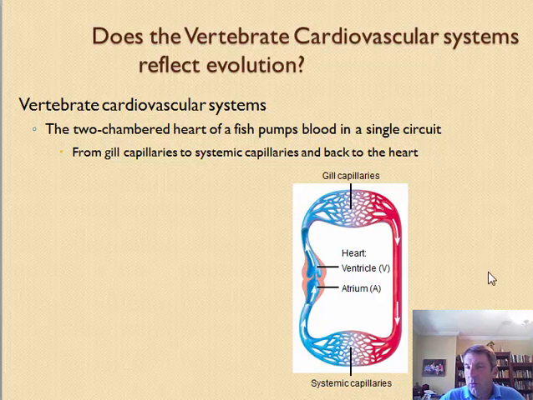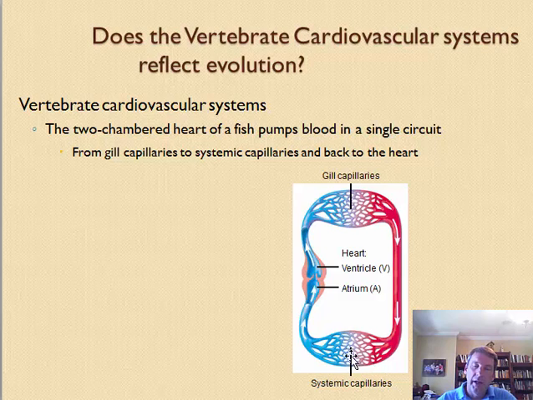The atrium is where the blood always goes first, and then it moves into a ventricle. Atrium receives the blood, ventricle pumps it out. This goes to the gills where it picks up oxygen, and then goes straight to the systemic cells.